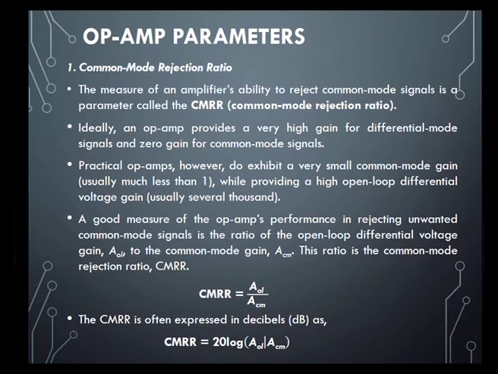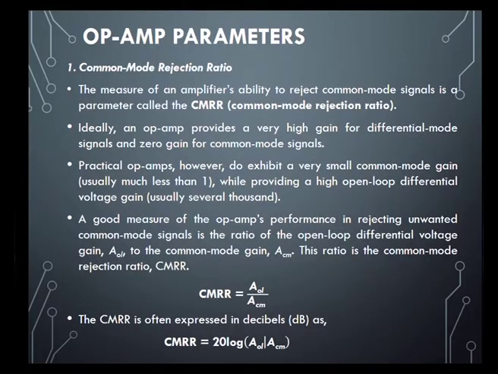This is the CMRR definition. It is also expressed in decibels, equal to 20 log of A_OL, the open loop differential gain, divided by the common mode gain. This is the expression to find the CMRR.